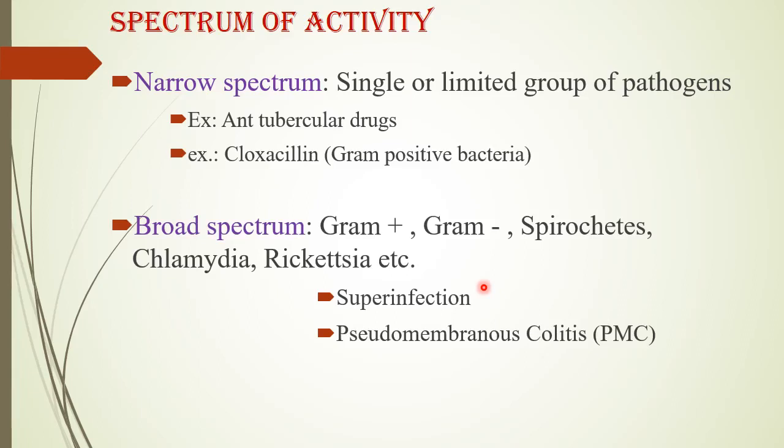But if we use the broad spectrum antibiotics, these are broadly acting. That means these antibiotics can work in any kind of bacteria, gram-positive, gram-negative, spirochetes, chlamydia, rickettsia. So that means what? Along with the harmful bacteria, it will kill the good bacteria also.